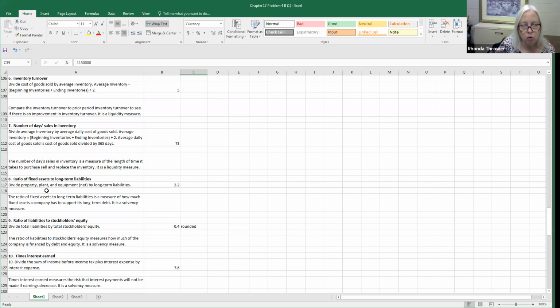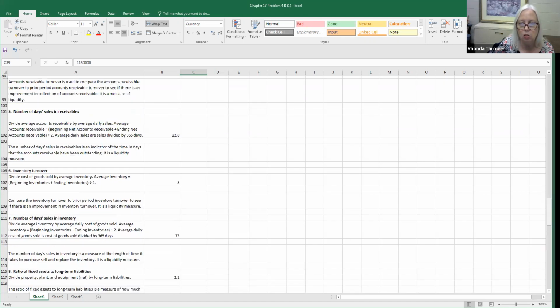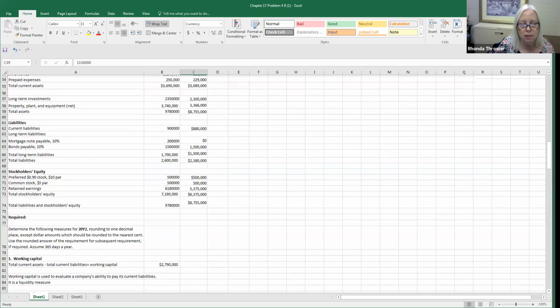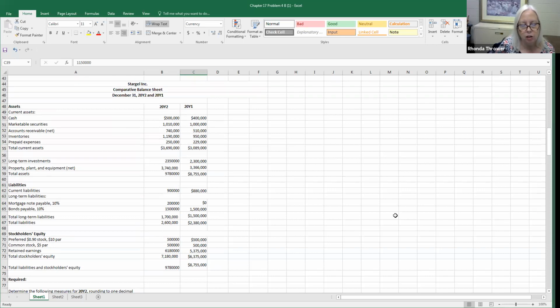And you might want to take a look at your fixed assets to see if they increased or decreased from the last year, and your long-term liabilities. So if we go back to the balance sheet and we look at our fixed assets, which are our property, plant, and equipment, you can see that in year 2001, we had less fixed assets than we do in 2002.